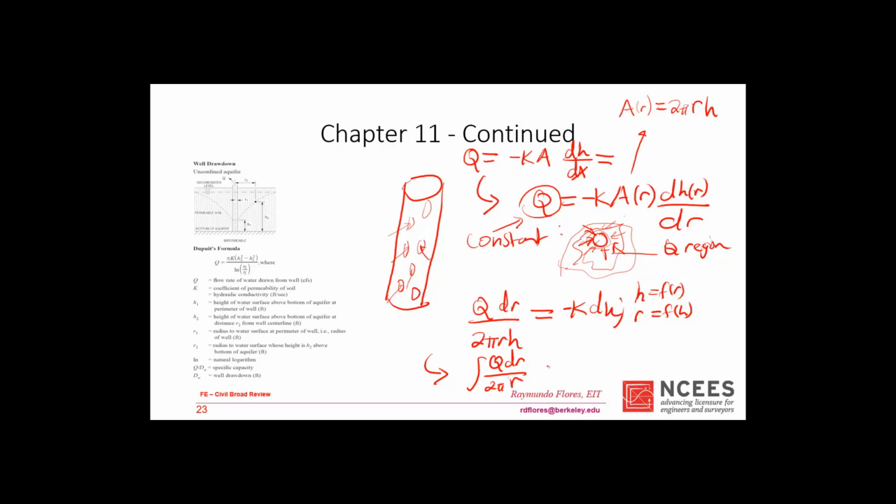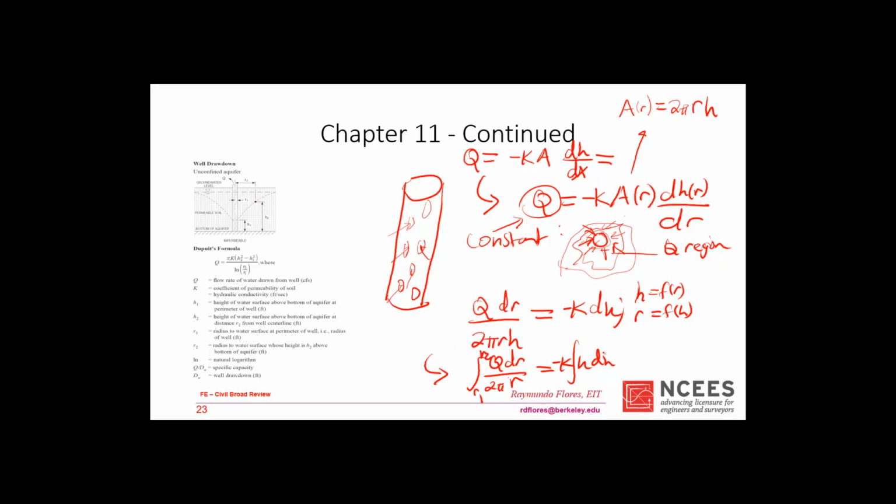R is equal to K minus KH dH, right? And that's also an integral. So we know that R is supposed to go from R1 to whatever this portion is, R2, for our formula, because R2 is extending this way.